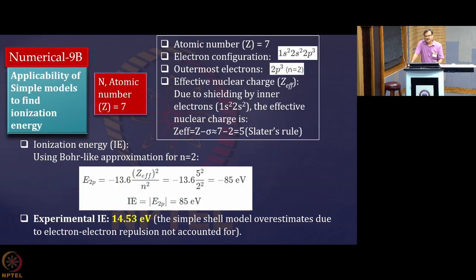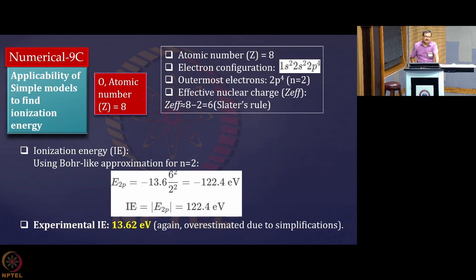To form the plasma, the first thing we require is ionization of the gas, and we need to know how much energy we would require to make the gas ionized. And what we are seeing here is that just using the Bohr-like approximation, we cannot get the correct ionization energy. So this is one of the purposes of bringing in this numerical.